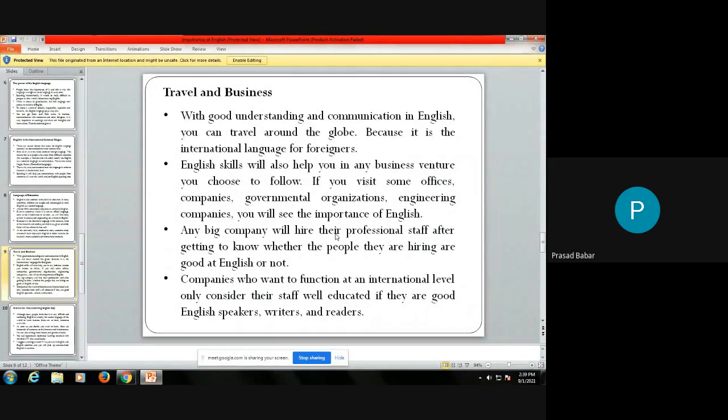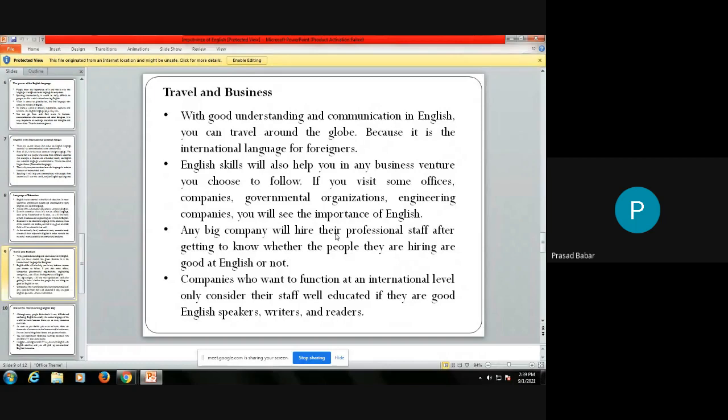If you have a good understanding of the English language and are able to communicate in it, then you can travel all over the globe. Globe means world. So you can travel to any corner of this world if you have command over this language.